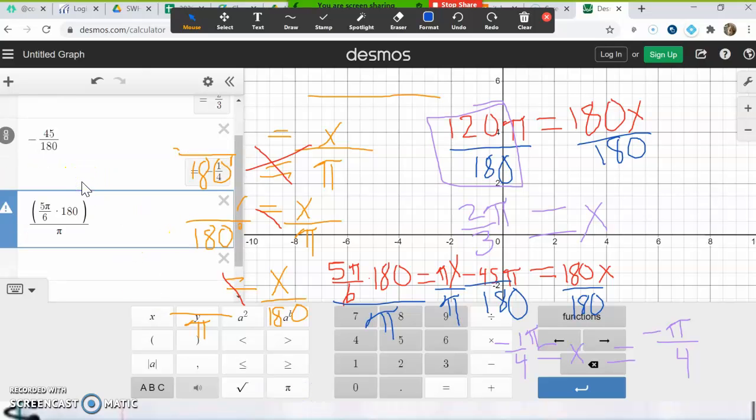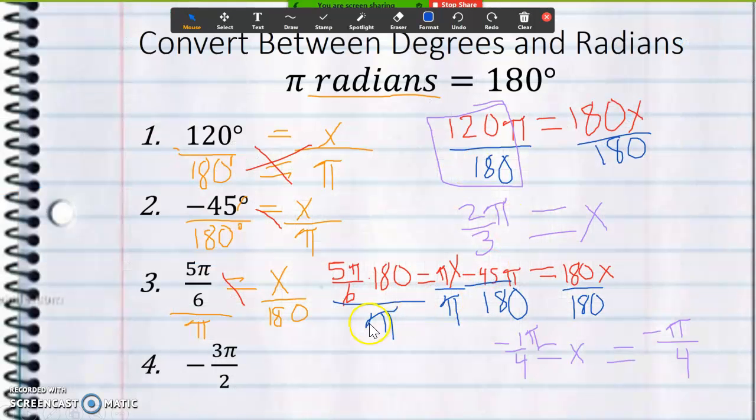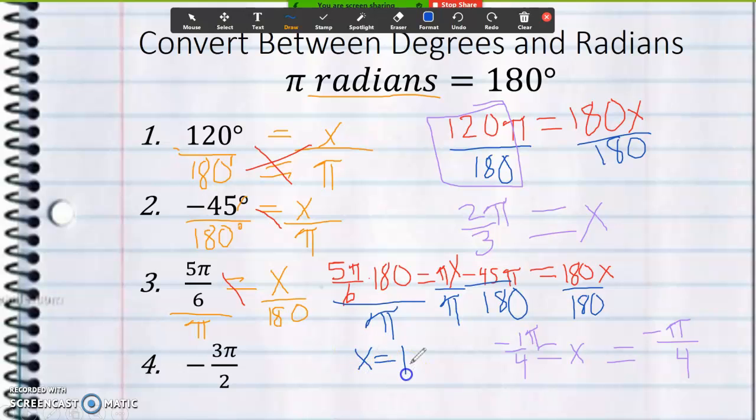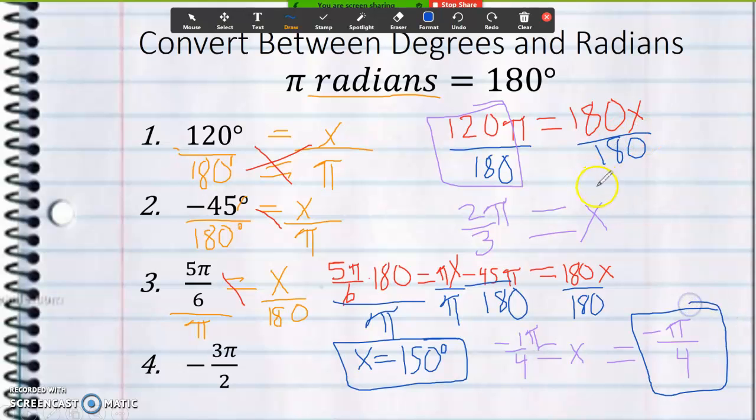Oops. Sorry, I had something extra there. 150. So x is equal to 150 degrees. Don't forget the degree sign. So this was the first answer, this was the second answer, and this is my third answer.